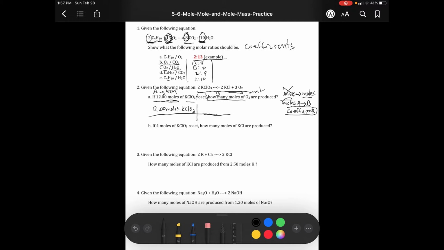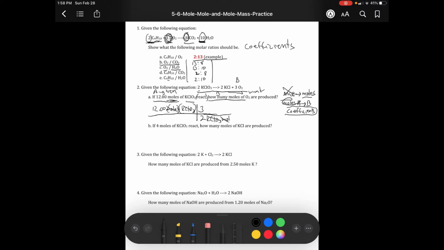Because we already have the moles right here. Now we're just going to pull our coefficients. KClO3, whatever's on top, must go on the bottom. So that's going to be 2 KClO3 moles. Okay, and so we can cancel out our moles here. And so we can cancel out KClO3. Now what we're going to do is take our coefficient of substance B that we're trying to get to, which is this, B, and put that up here.